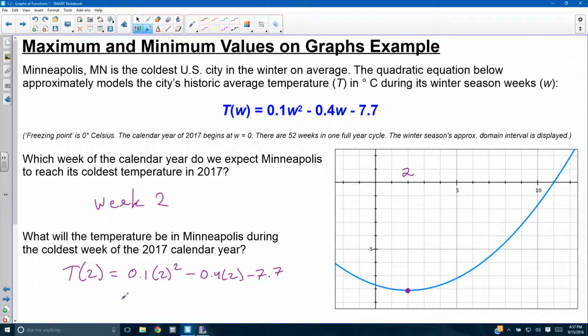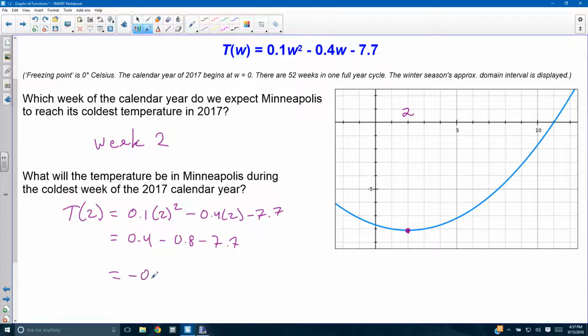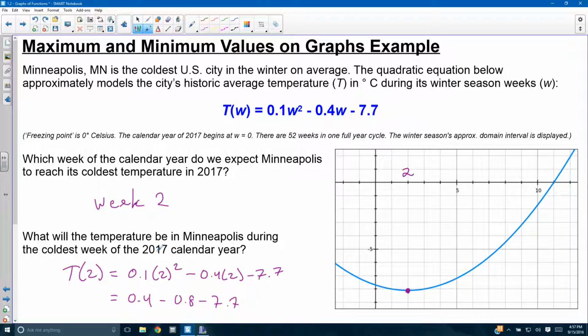Just to show what we're doing there: 2 squared is 4, times 0.1 is 0.4, minus 0.4 times 2 is negative 0.8, minus 7.7, which is negative 8.1. Negative 8.1 degrees Celsius is the cold average temperature, and I think that's pretty approximate. You can look that up. I did some research when I first did this problem, and it said something close along those lines. And there you go.